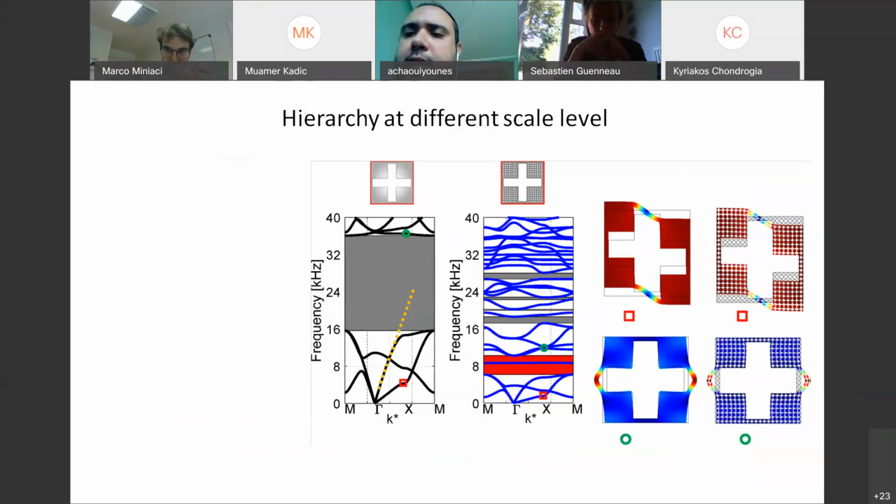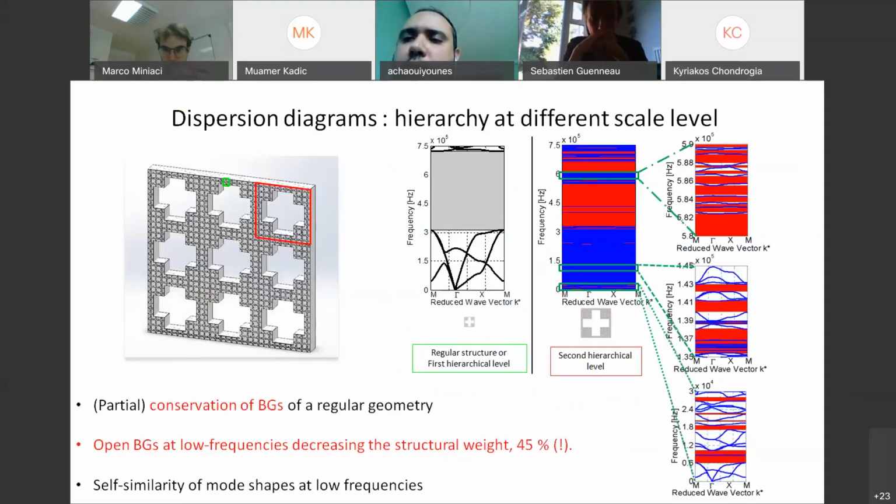So the previous slide, what is the structure? This one, once again, is the small one. So this one is the green, the first structure or first hierarchical level. This one is the second hierarchical level, the big one.